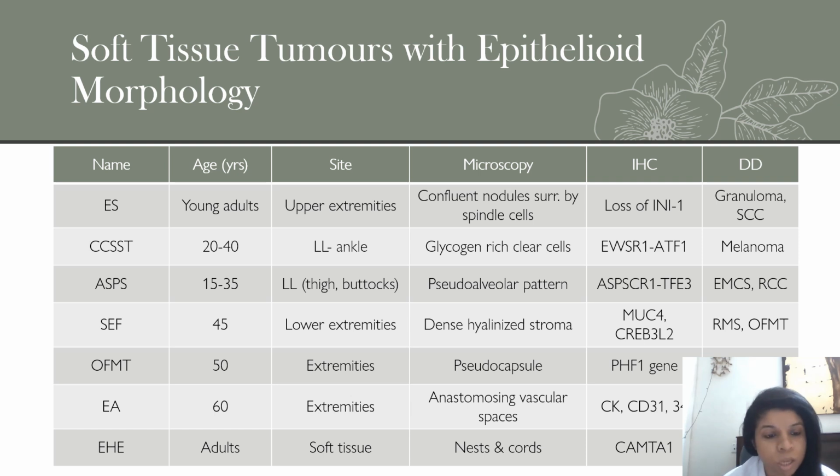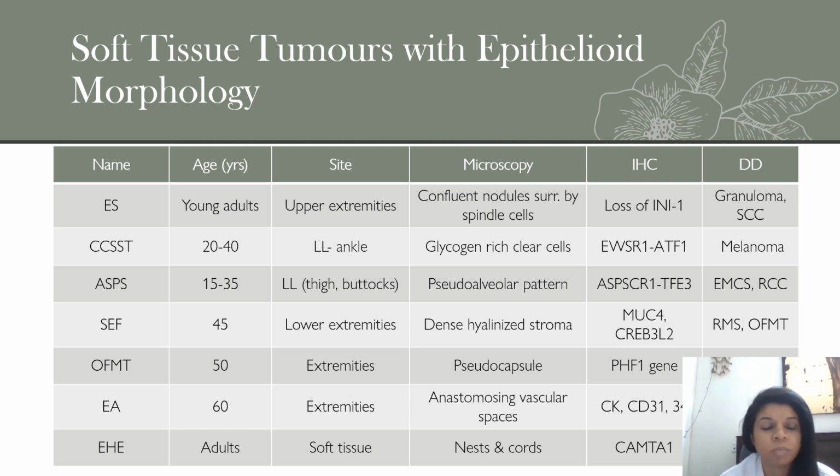Then you have sclerosing epithelioid fibrosarcoma, which is usually seen in 45 years and lower extremities, that have dense hyalinized stroma, and they show MUC4 positive, and they show CREB3L2 and CREB3L1 fusion transcript with EWSR1 and FUS. They are usually differentiated from rhabdomyosarcoma by MyoD1 and OFMT by the fusion transcript.